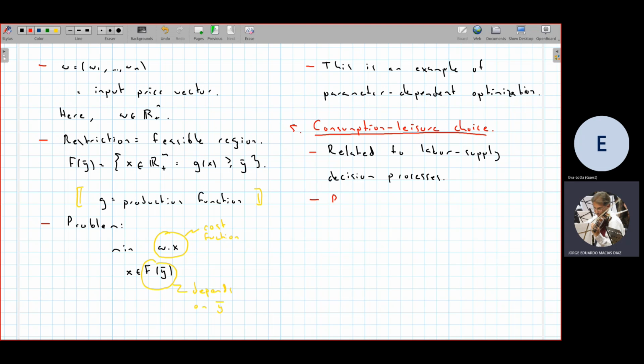But it's also related to the utility maximization problem that we talked about in the last class.